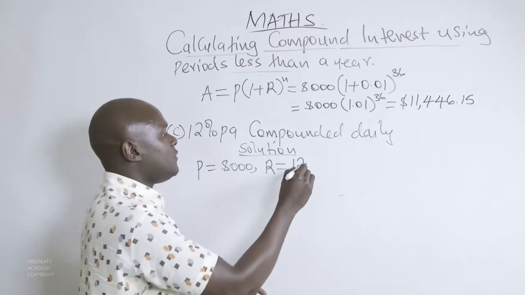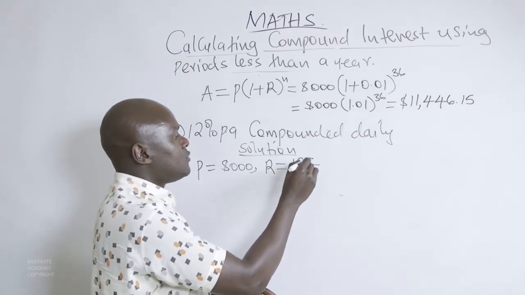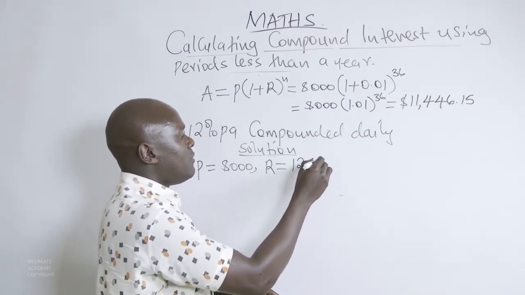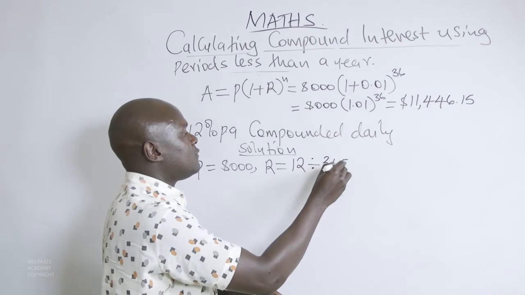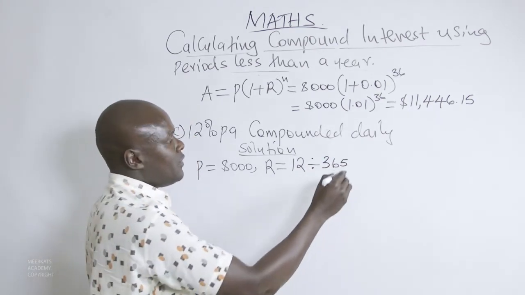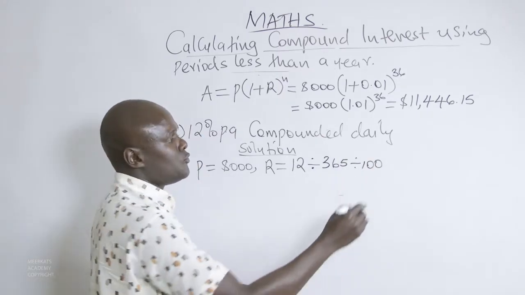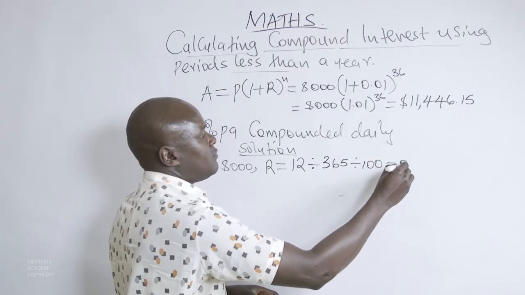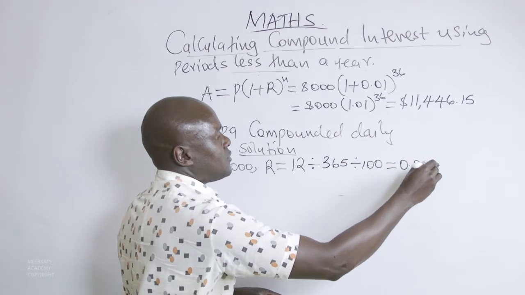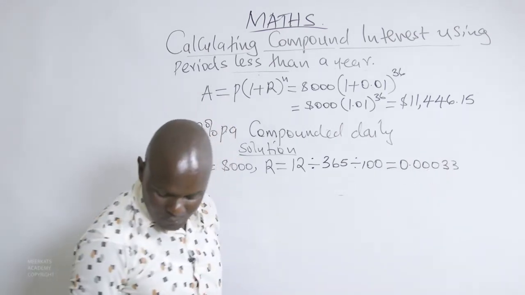So every day, the rate per day, we need to divide the rates per year by 365 to get the rates per day. Then we divide again by 100 to convert the same to a decimal number, and this will be 0.00033.